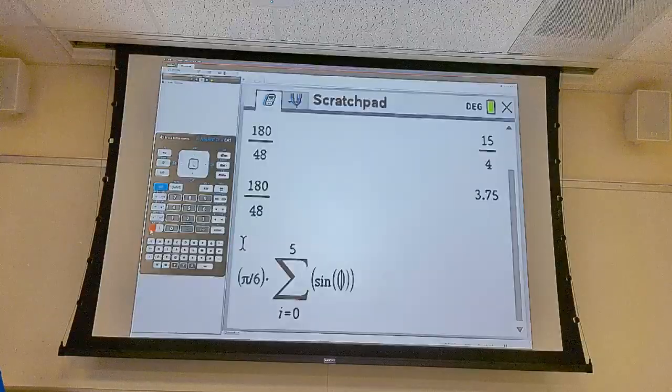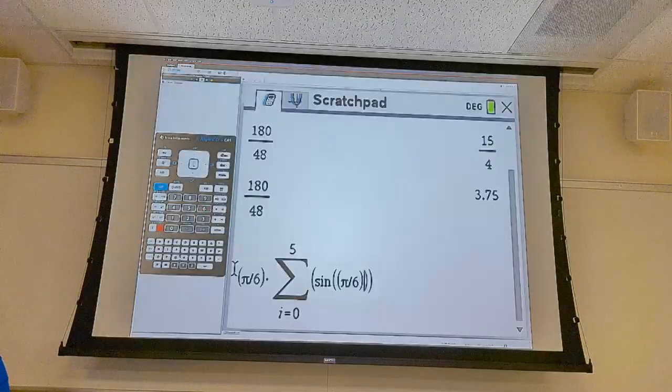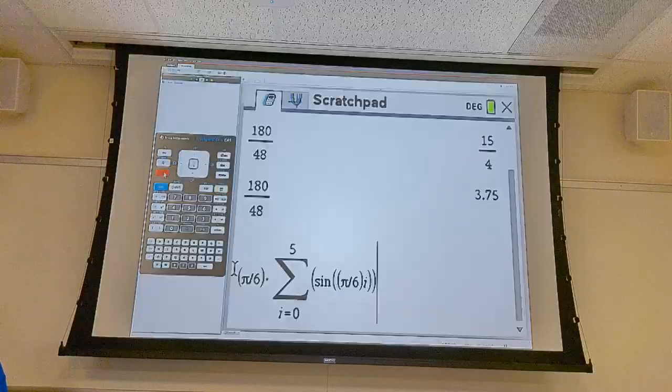I'm again going to use parentheses to be safe. Pi over 6 times i. Oops, okay, so I don't need to go any further. I can just hit the tab, get out of the sum now.